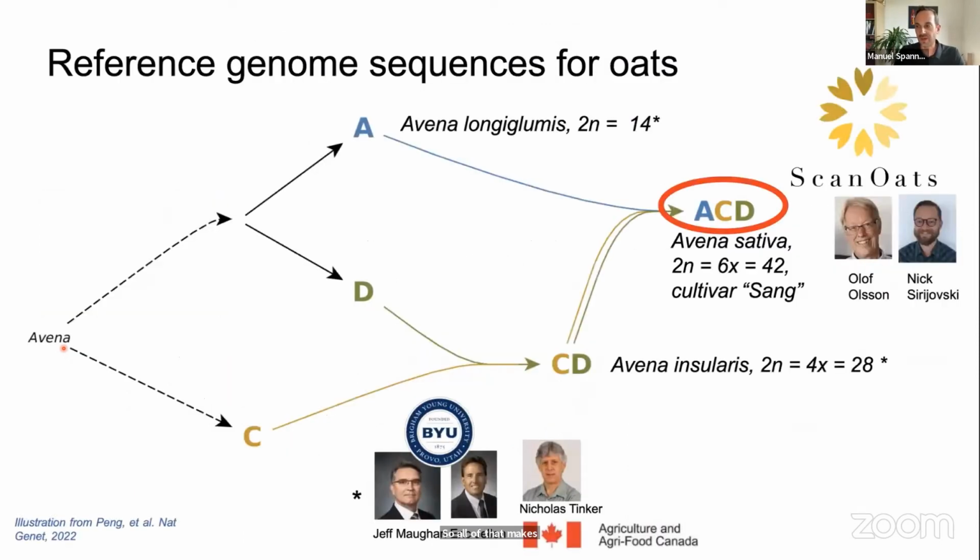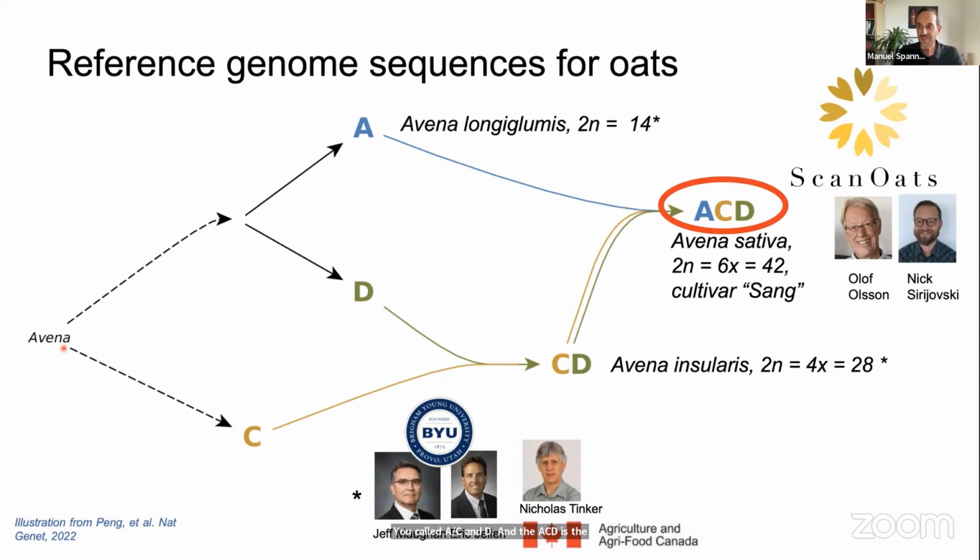You may wonder, where is the reference genome sequence for that? Here it is. What we did here is generate a reference genome sequence for the hexaploid oat. Again, we are talking about an allohexaploid with 3 different subgenomes, very similar to the situation in wheat, here called A, C, and D. The ACD is the hexaploid.